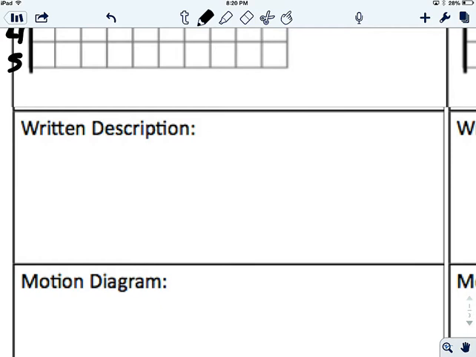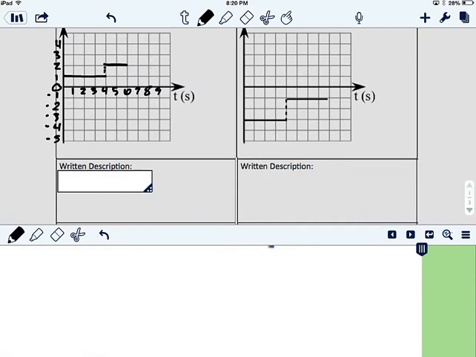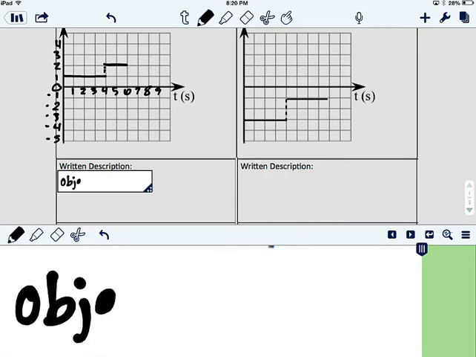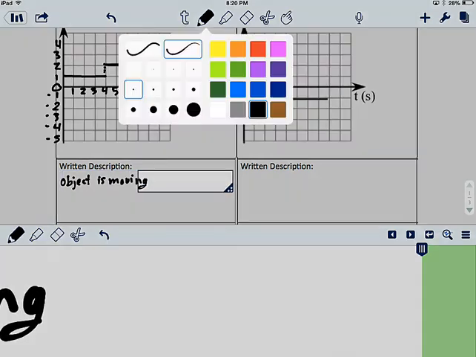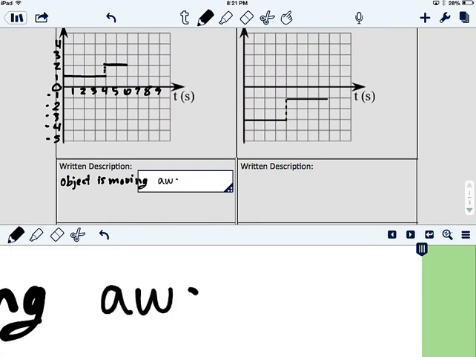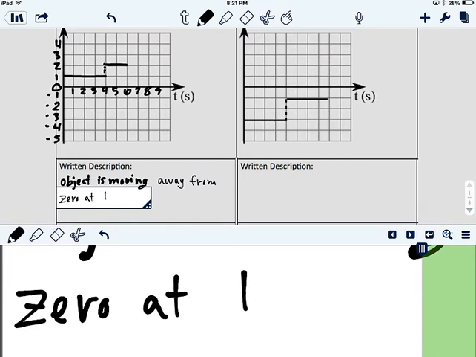So we're going to say something like, object is moving away from 0 at 1 meter per second.